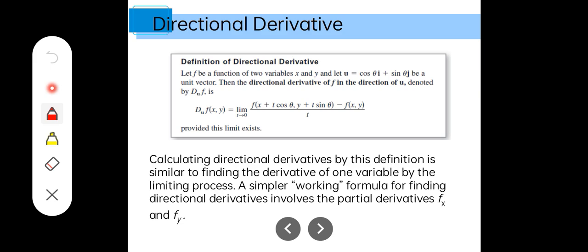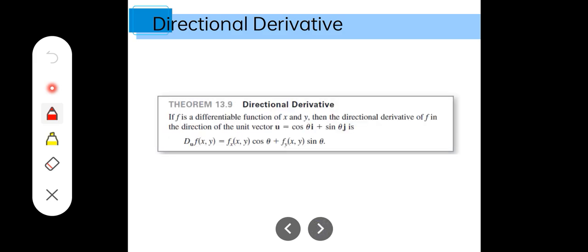A simpler working formula for finding directional derivatives involves the partial derivatives f_x and f_y. This is Theorem 13.9: if f is a differentiable function of x and y, then the directional derivative of f in the direction of the unit vector u = cos θ i + sin θ j is D_u f(x, y) = f_x(x, y) cos θ + f_y(x, y) sin θ.